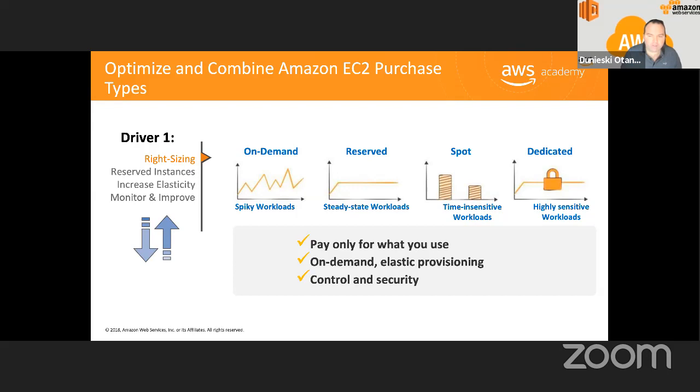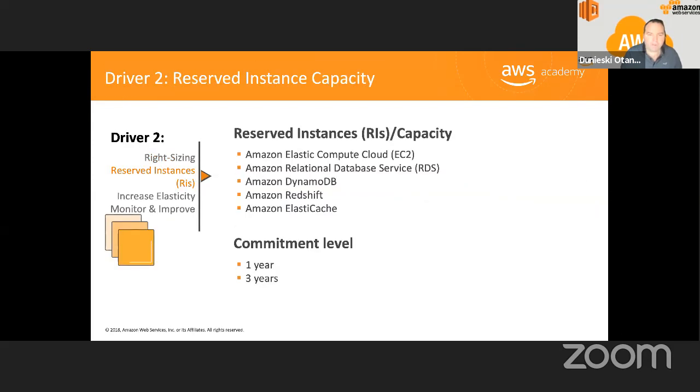Pay only for what you use. You know that already. On-demand gives you elastic provisioning, control, and security. Now, reserved instances: Amazon EC2, Amazon RDS, Amazon DynamoDB, Amazon Redshift, Amazon ElastiCache. So reserved instances are not limited to EC2 instances. You can also reserve capacity for RDS and the others.